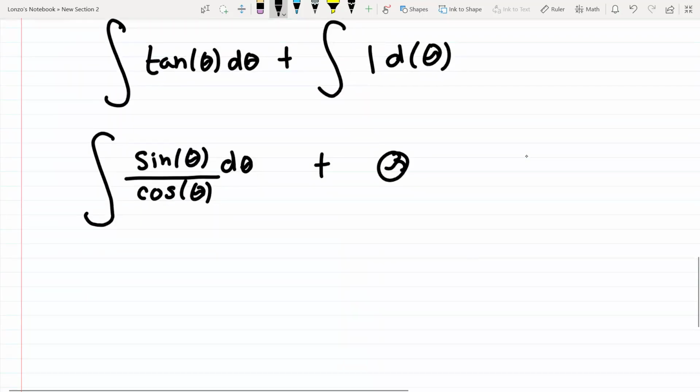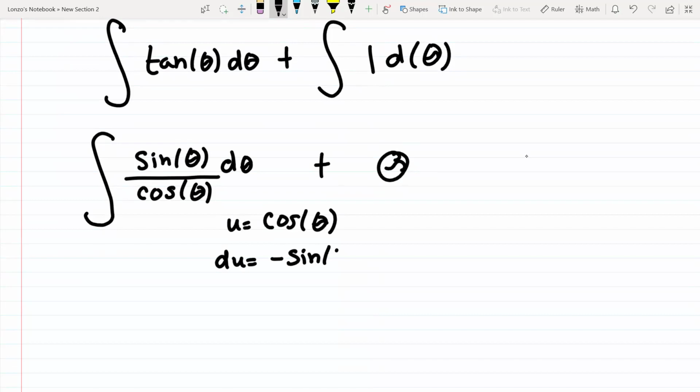So on this one, I might have to do u substitution. So I believe my u would be cosine theta. And then my du would be negative sin theta d theta, right?